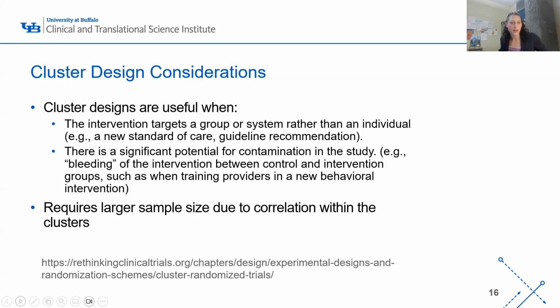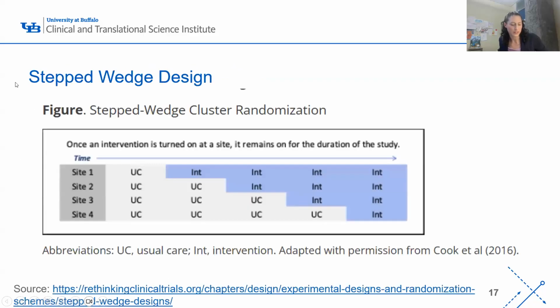And then the next one is the stepped wedge design, which often includes cluster randomization within it, as this figure shows. So in this case, you have each of your sites or your clinics, and when they receive the intervention is staggered over time through the course of the study. So at the start, everyone is in usual care.